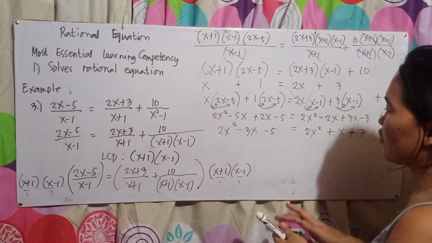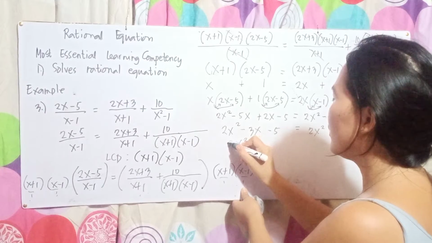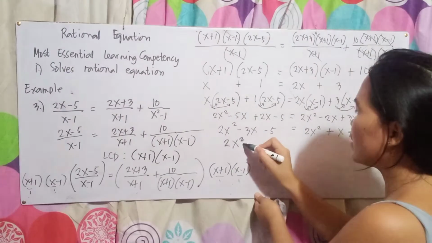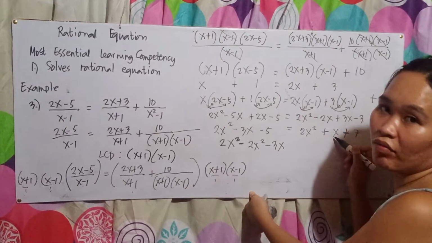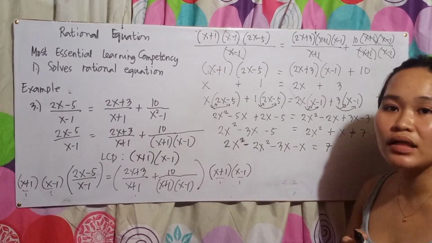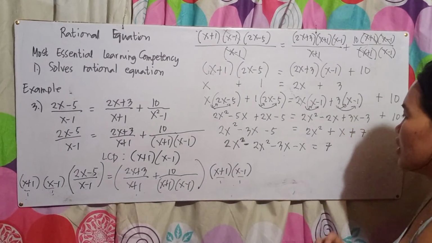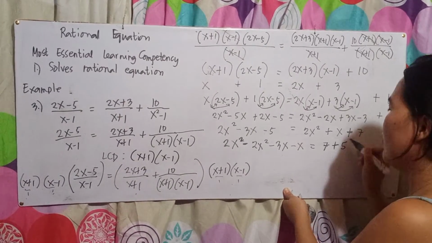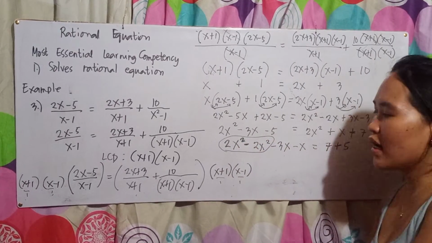Okay, next is to combine like terms. Copy 2x squared. The other 2x squared on the right we move to the left, so its sign changes: minus 2x squared. Copy negative 3x. The plus x we also move to the left, so its sign changes: minus x equals, copy the 7. The sign of 7 does not change because it stays on the right. The negative 5 moves to the right, so its sign changes to plus 5. 2x squared minus 2x squared is 0, so we don't write it.